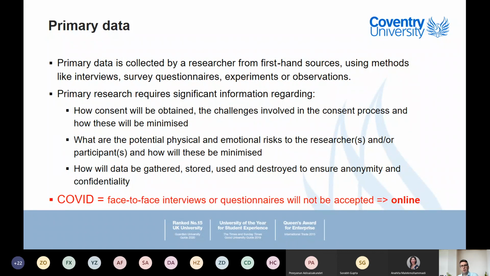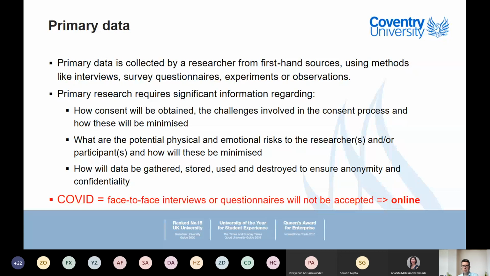Typically, the kind of risk we want you and your participants to be protected against is physical risks, but also maybe emotional risks. What we mean by that: an example of physical risk would be if today you wanted to conduct face-to-face interviews.